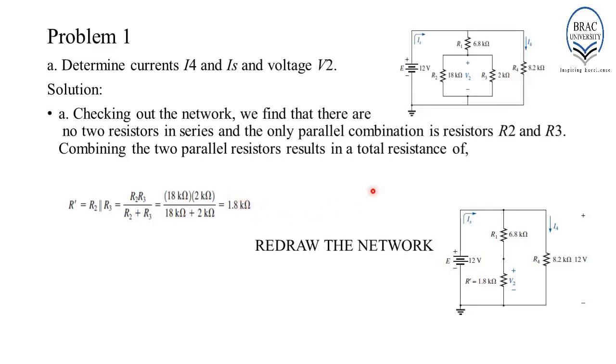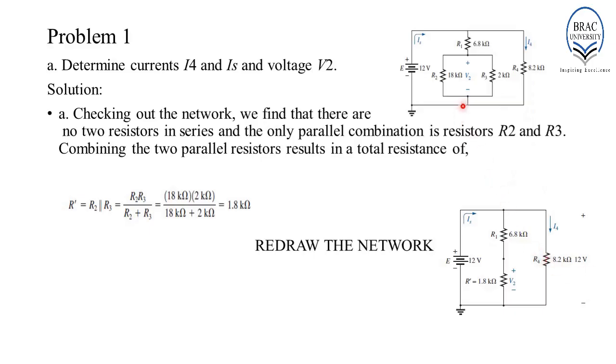Now, let us redraw this network with the equivalent resistance of the parallel combination of R2 and R3. Hence, the voltage source will remain as it is. R1 will be drawn as it was in the previous network. R4 will also remain as it is.